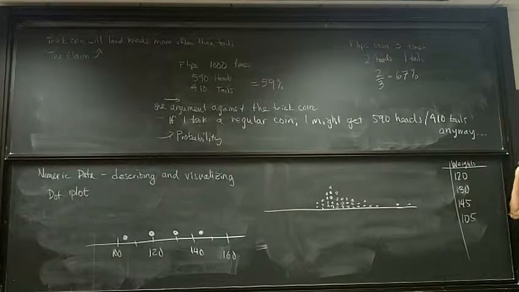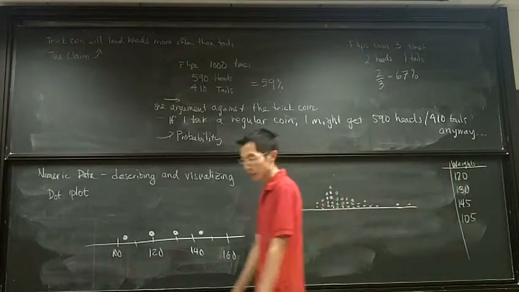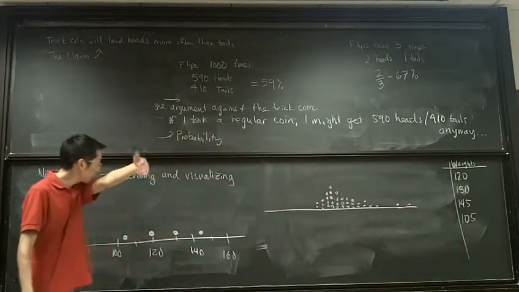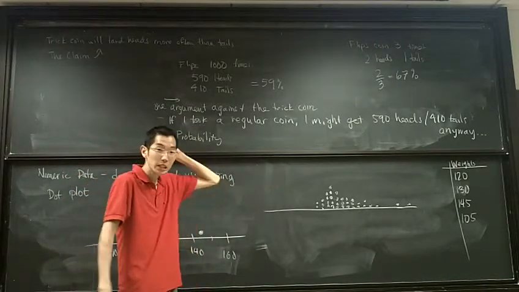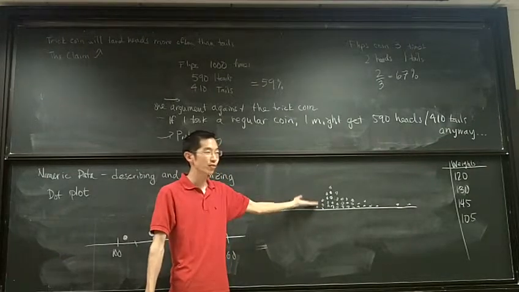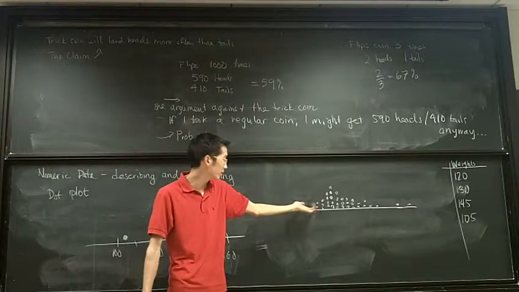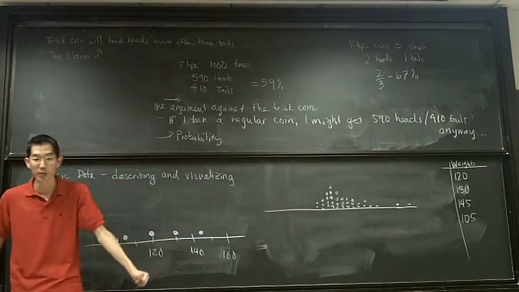Okay. Bell-shaped curve. This is not really a bell-shaped curve, but some things might form a bell-shaped curve. Okay, but this is a dot plot. All right, and however many people I have would be however many dots I have. So here I've got whatever 25 people represented in this dot plot.